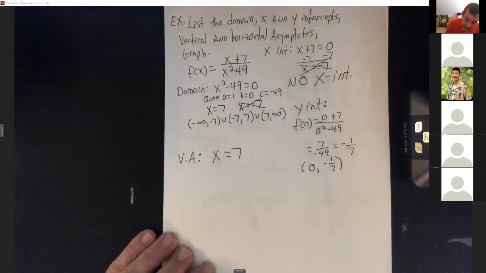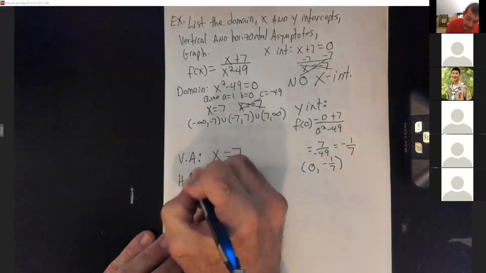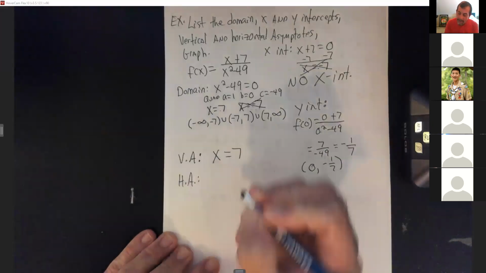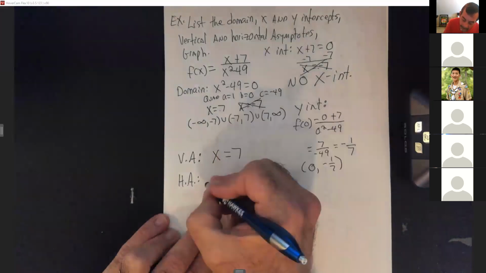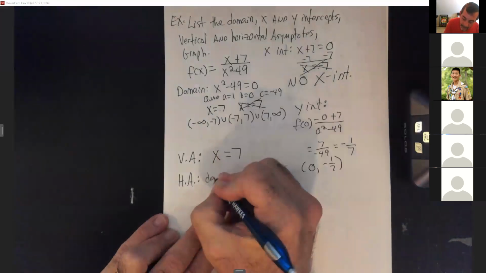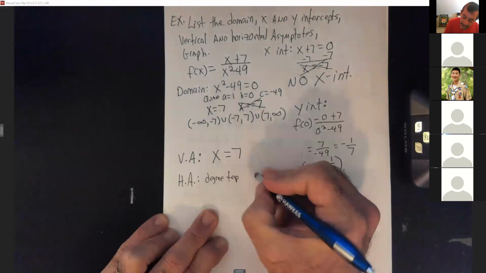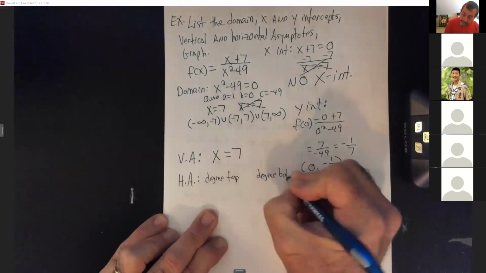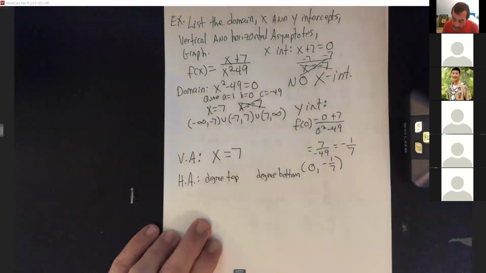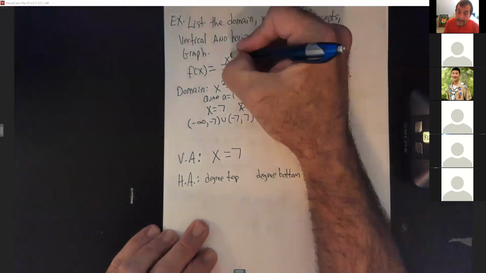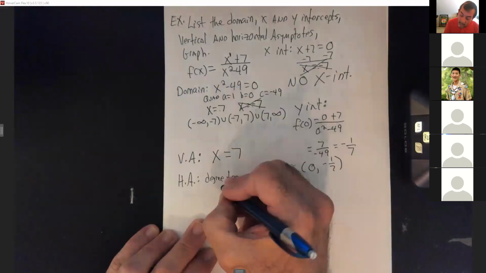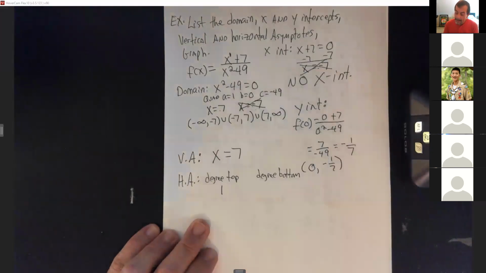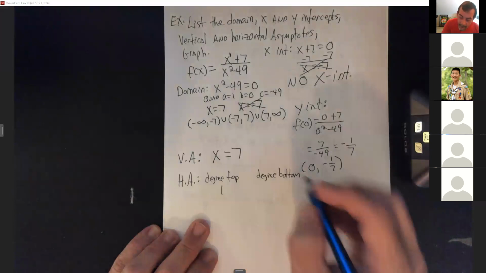All right, then we look at the horizontal asymptote. We compare the degree of the top versus the degree of the bottom. On top, since there's no exponent there, that is a 1, so the top has degree 1. The bottom has a 2.